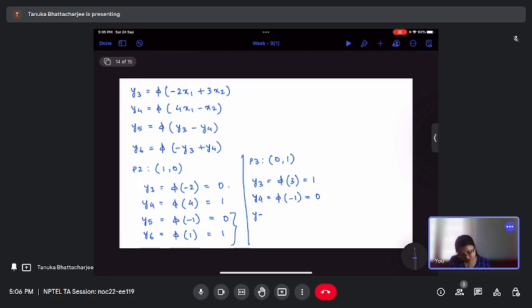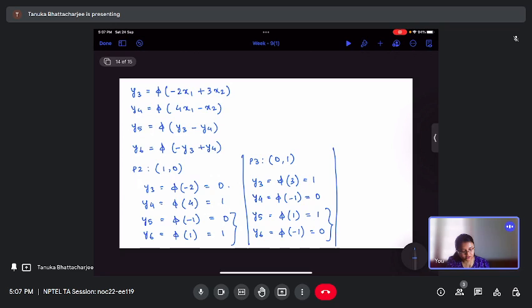Then using this, y5 will be phi of 1, which is 1, and y6 will be phi of minus 1, which is 0. So your output is 1 0.